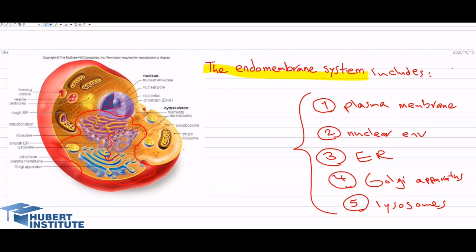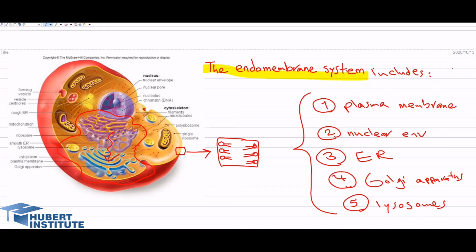So if I were to zoom in right over here, it really is a bilayer of phospholipids. So it would look like this. You have your hydrophilic heads pointing outwards and your hydrophobic tails pointing inwards.